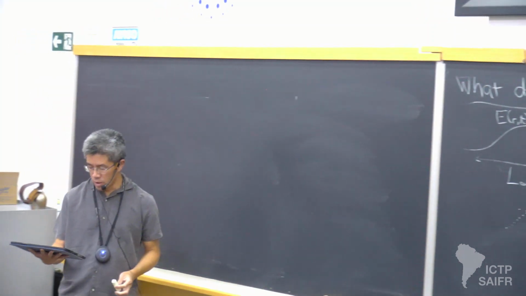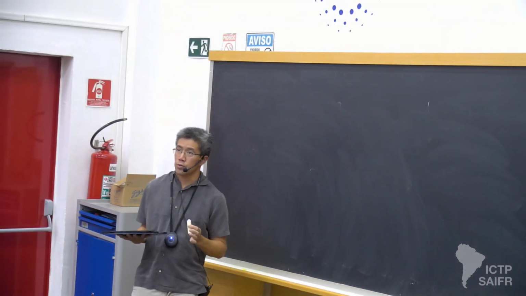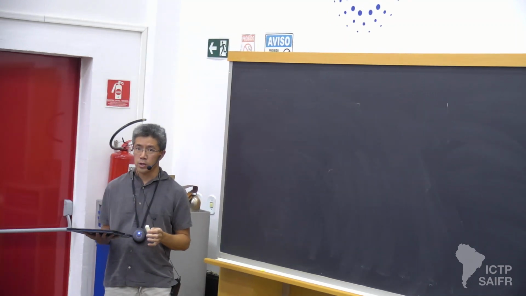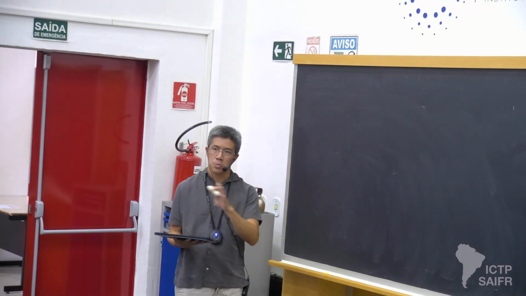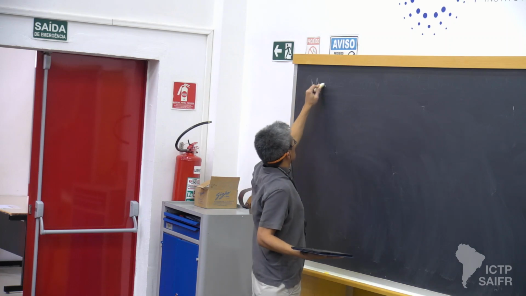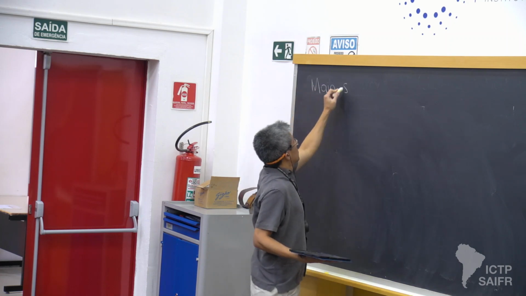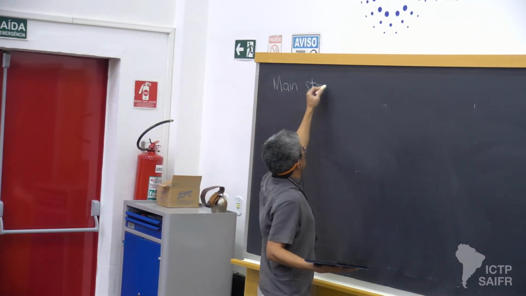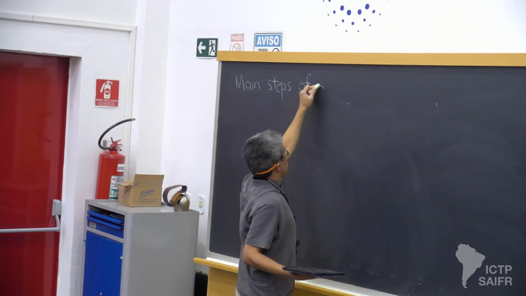Let me try to first just draw in cartoonish form how a photon-photon gate would work, and then I'll explain the steps in a little bit more detail. So the main steps of the gate are the following.